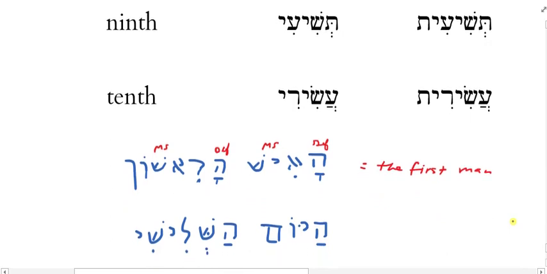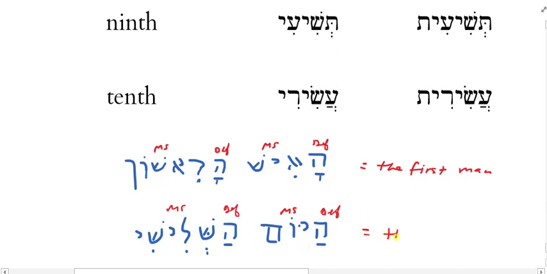In this next one, I have hayom hashalishi. Yom is masculine singular. Hayom, definite. Hashalishi. That is the masculine singular ordinal adjective for third. And the ha makes it definite as well. The day, the third.